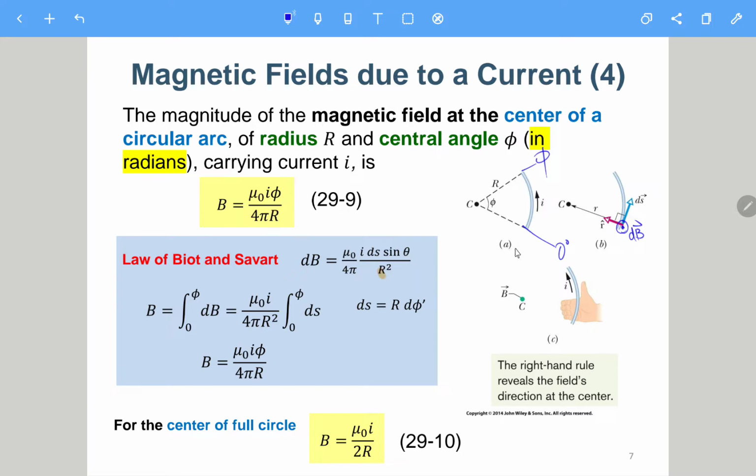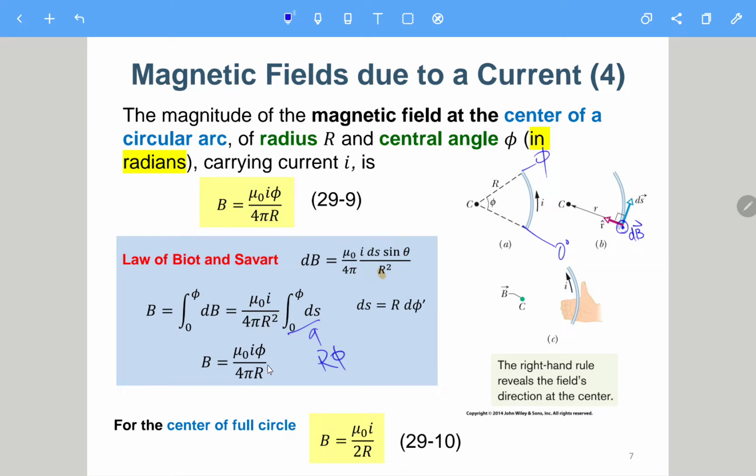So actually this is the length of this segment, which is equal to the radius multiplied by this angle in radian. So we have r times phi for this integration. This r will be partly cancelled with this r squared.